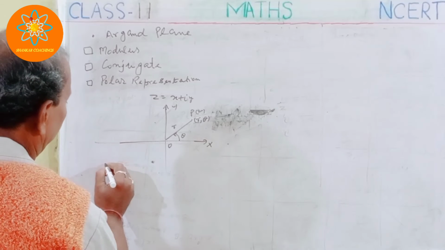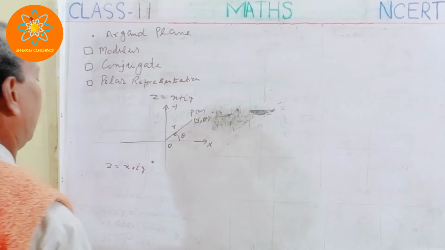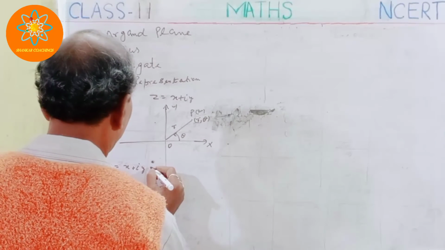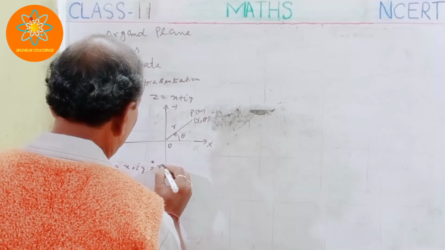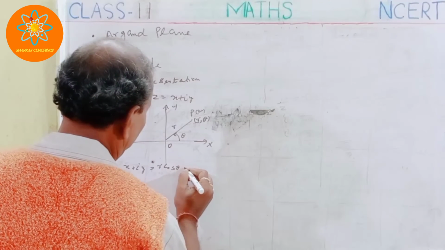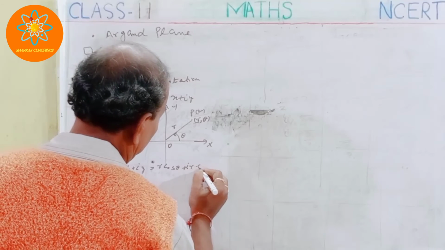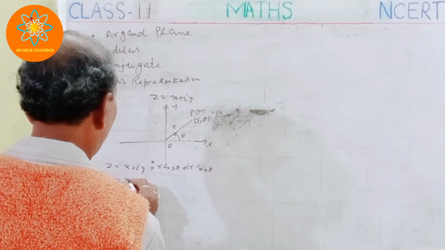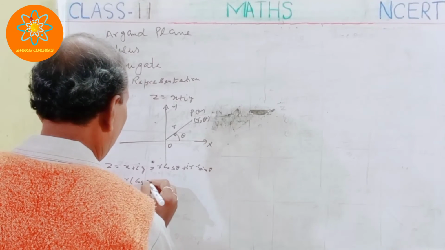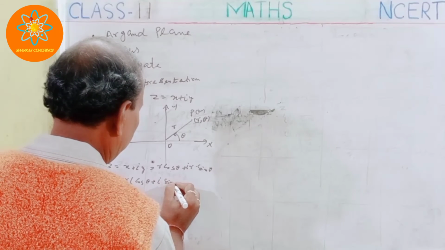This z is equal to x plus iota y, or I can write it as R cos theta plus iota R sine theta. R I can take common, so R into cos theta plus iota sine theta.